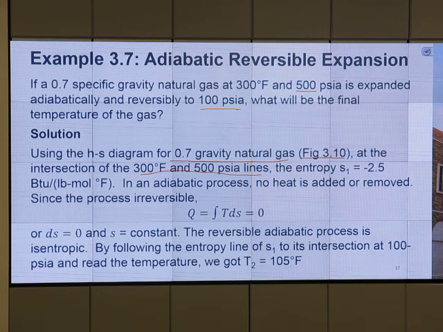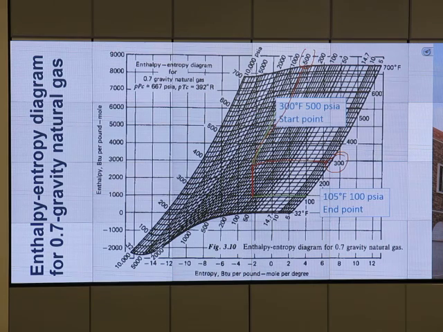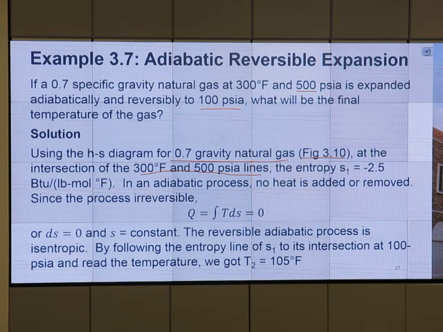We have a reversible process, so you have to do it somewhat slowly, so entropy doesn't change. When it expands to 100, you go down to reach the 100 psia line. You read from that, and that point is about 105 F. Then you can tell that's 105 F.